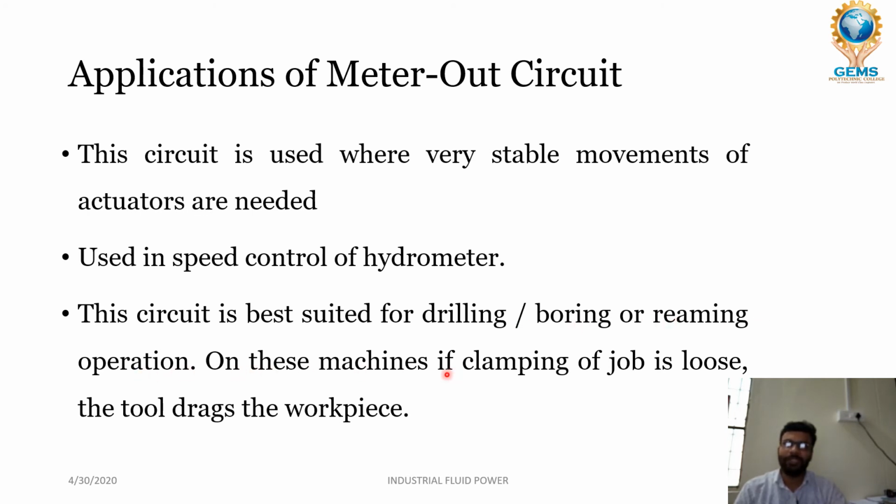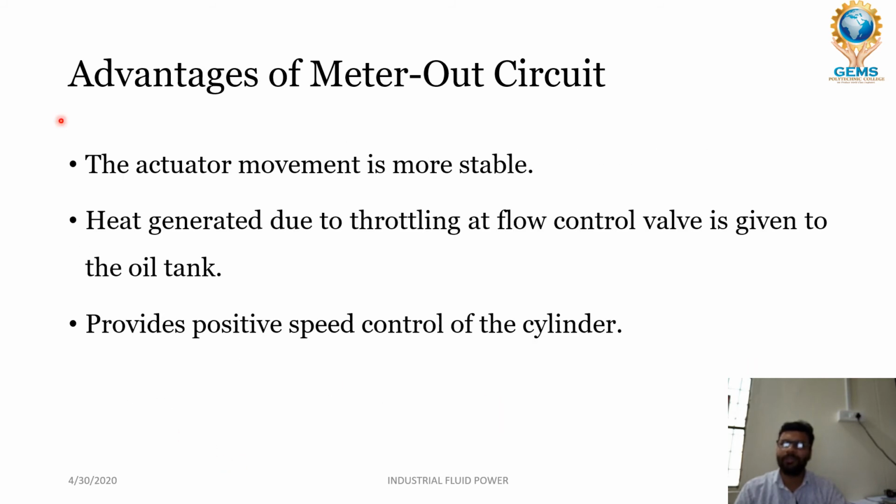On these machines, if the clamping of the job is loose, the tool drags the workpiece. Using these meter out circuits, this is avoided. Then what are the advantages of meter out circuits?